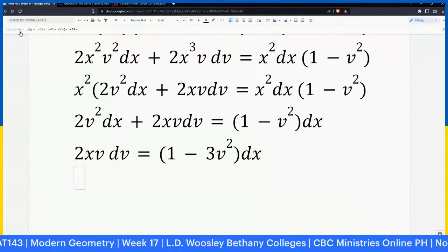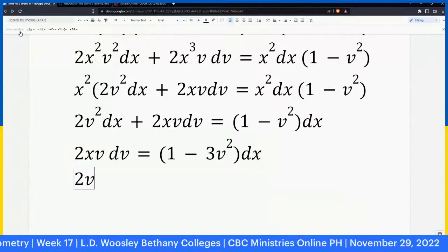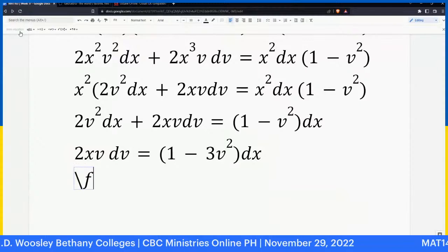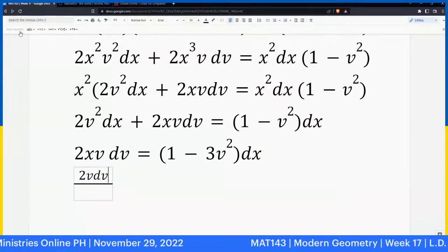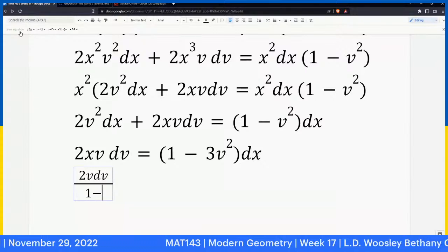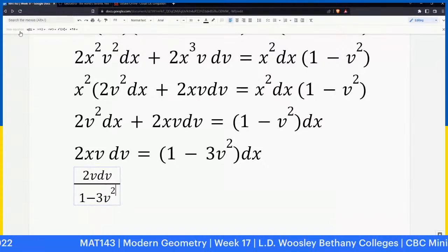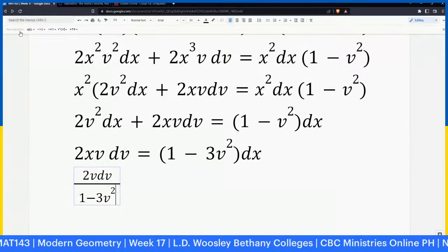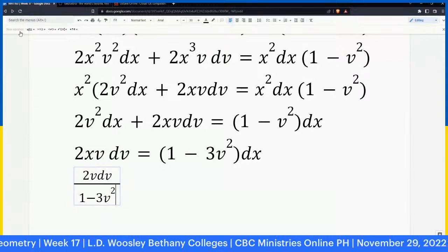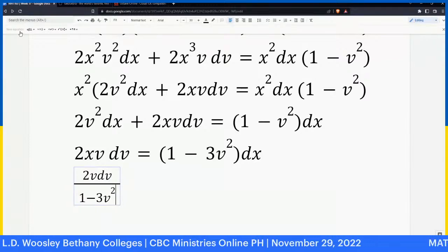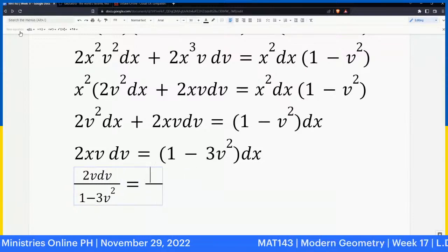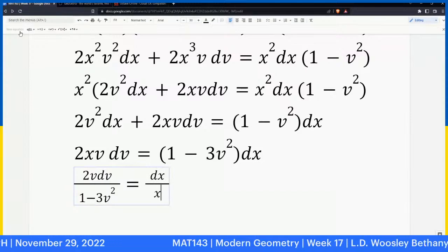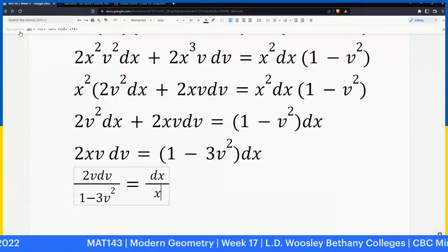So, what would happen is 2b bb, fraction muna natin, 2b bb all over 1 minus 3b squared. Okay? Is equal to dx over x. Gets ba, Micaela?